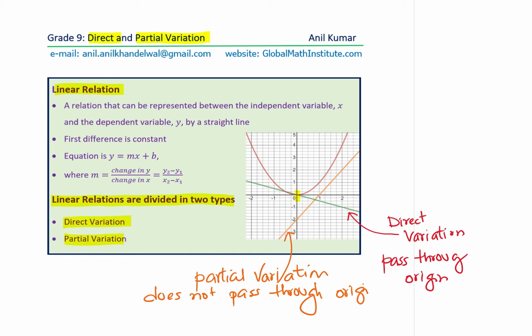So I hope that point is clear. So that is partial variation. If anything is non-linear, so this is non-linear, correct? Let me use a different ink here. Then it's neither.